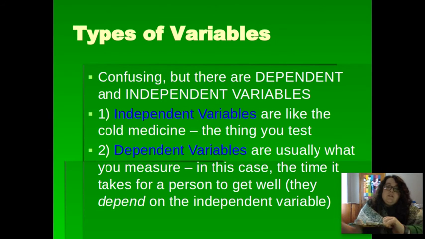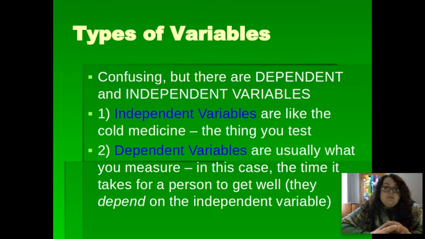So that brings us to the types of variables. I've kind of already mentioned a couple of these. It's very important to know the difference. So independent variables, or the medicine that we gave, are the things that you test, the thing that you manipulate or change. Let me scroll on the notes.